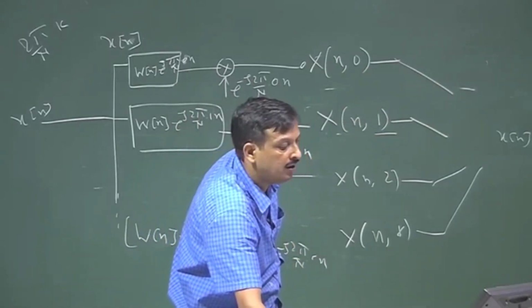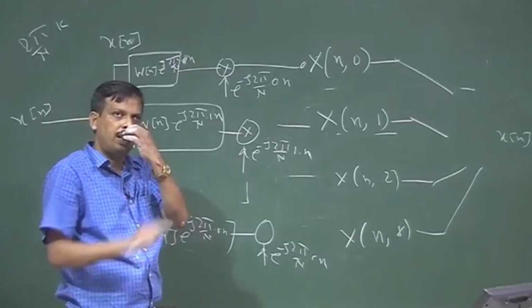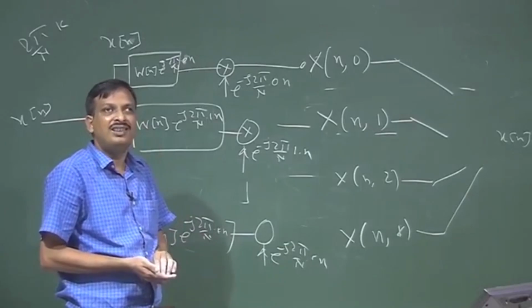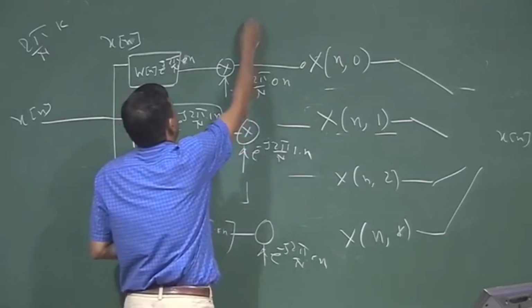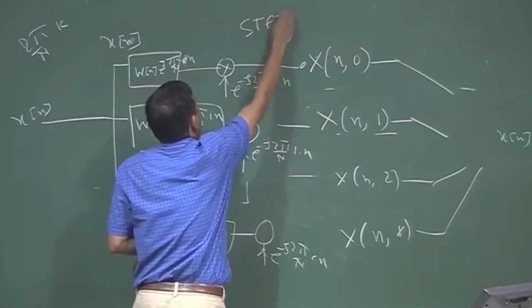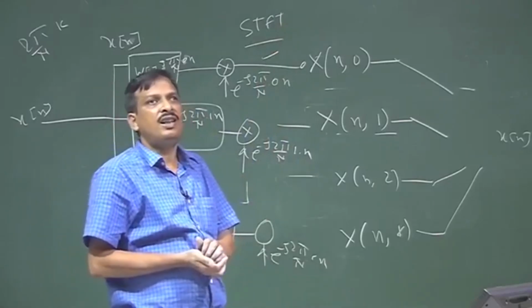I will discuss the details of the inverse transform and then I get x[n] back. If ω0 is not 0, then we exactly recover the signal, which is called synthesis. So, this is the STFT analysis part; the synthesis part I will discuss in the next class.